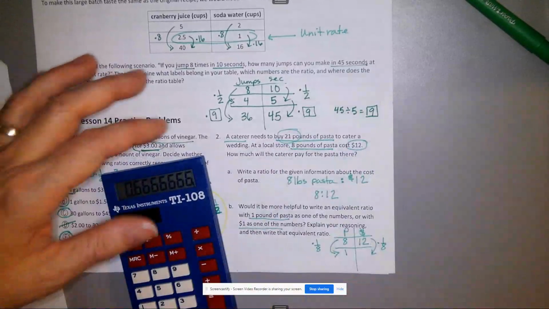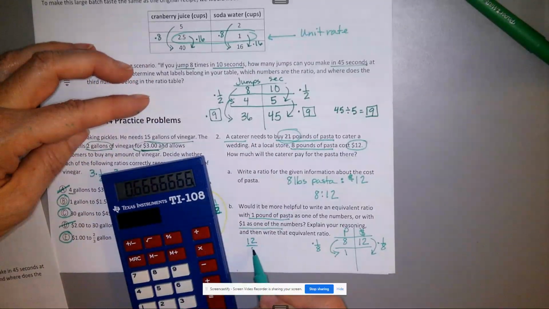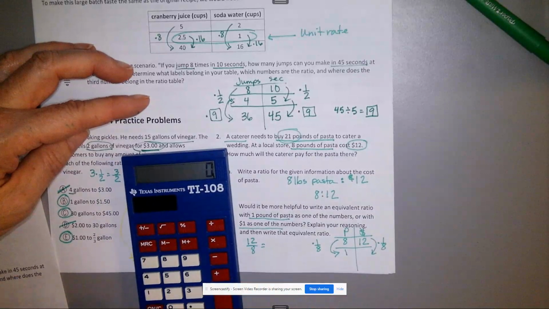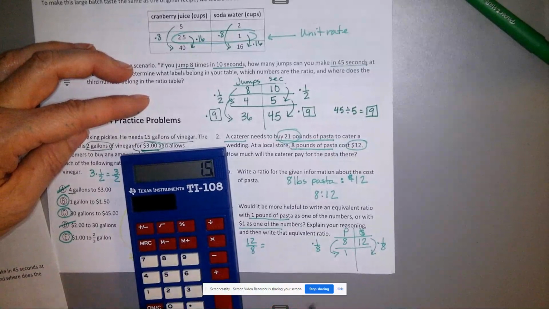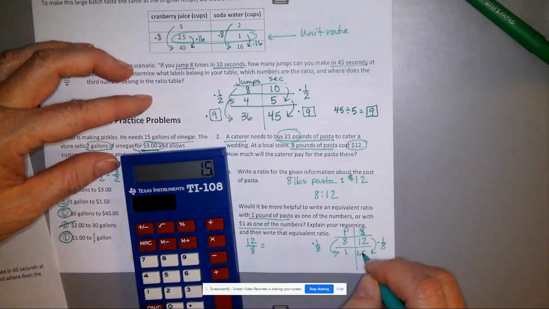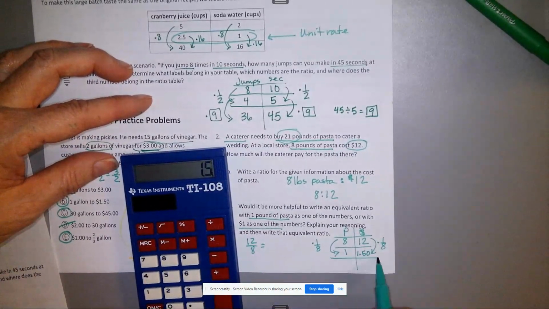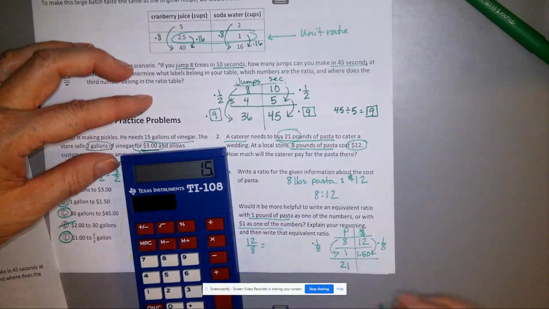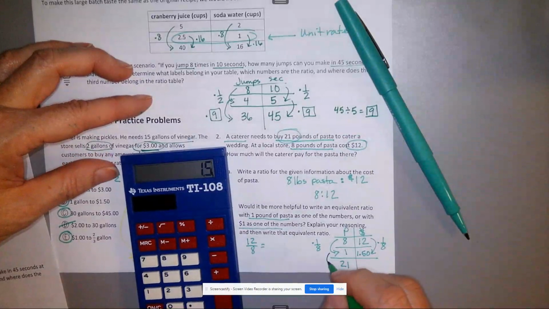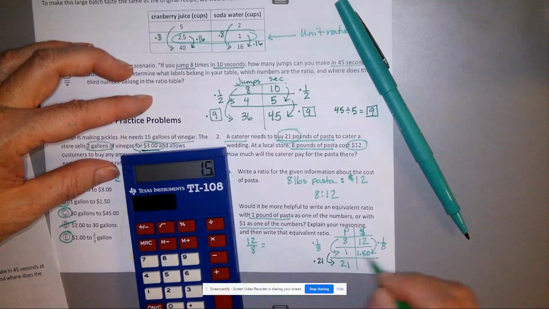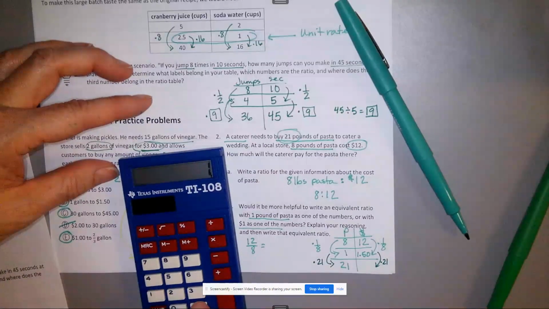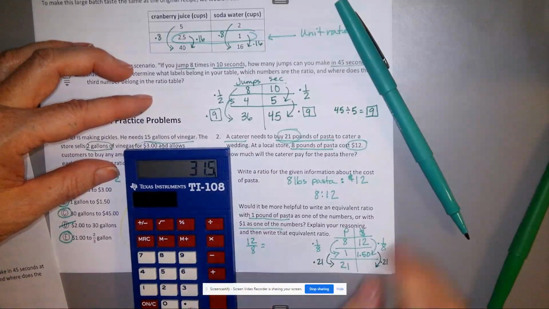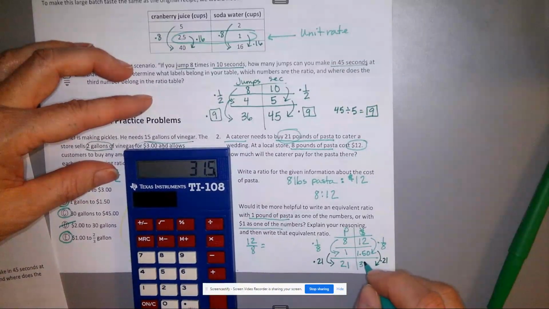So I could grab my calculator, because that would look like 12 divided by 8. 12 divided by 8 equals, so for every 1 pound is $1.50, which we could easily figure out then how much 21 pounds would be, because we would just multiply by 21, and that would be $31.